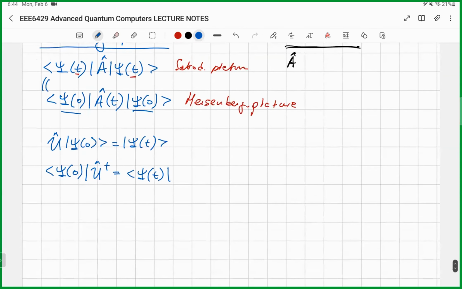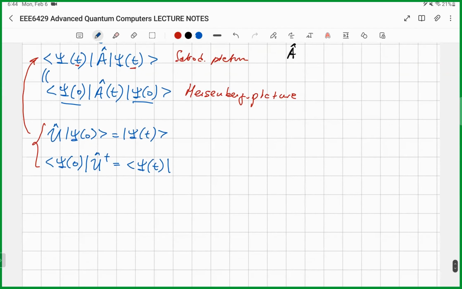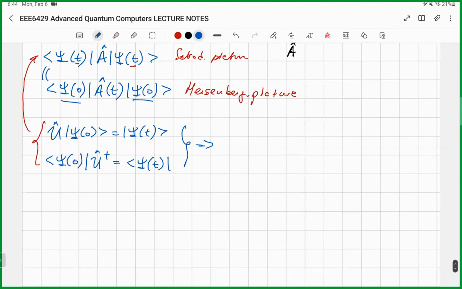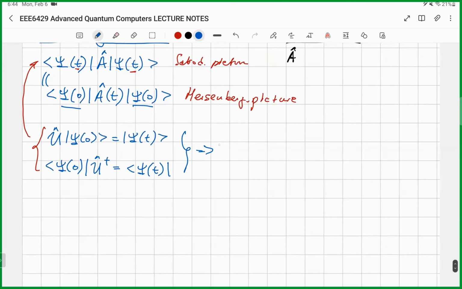So now I can take these two and plug them into the first formula, and I will get the following: bra psi 0, U dagger, then A, then U, then ket psi 0.